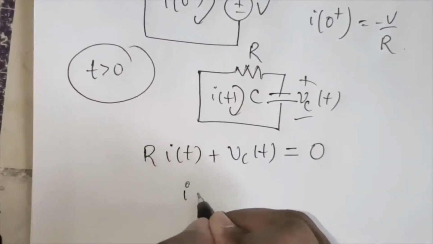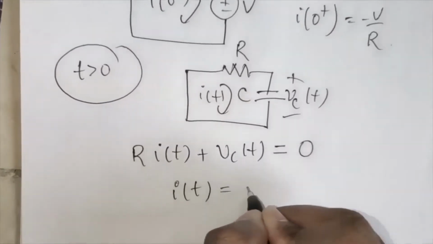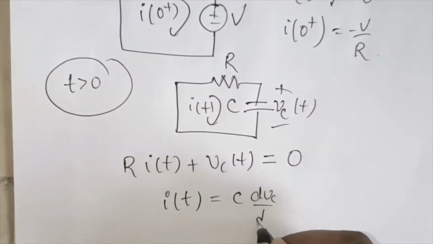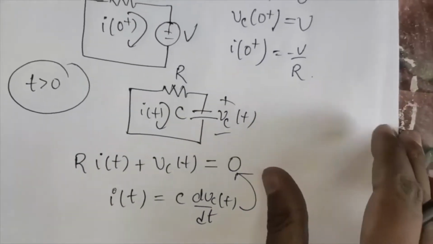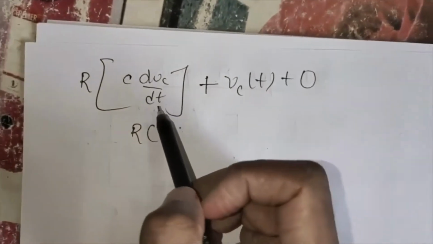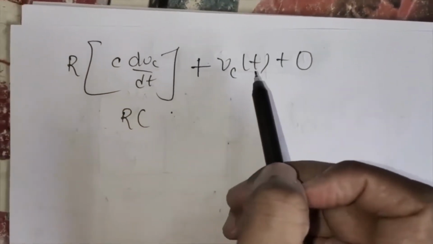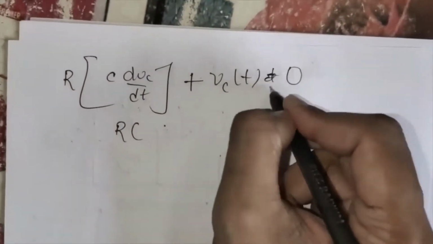But the current flowing through the capacitor I of t is equal to C into dVc by dt. Substituting this in the above expression, this becomes R into C into dVc by dt plus Vc of t is equal to 0.